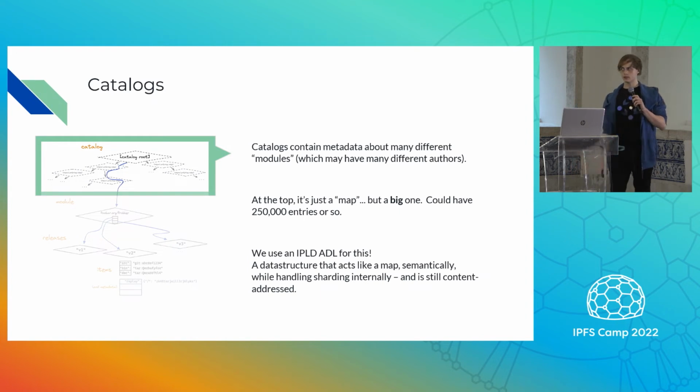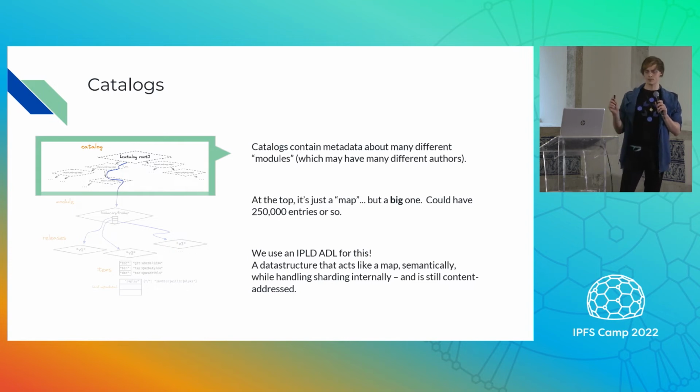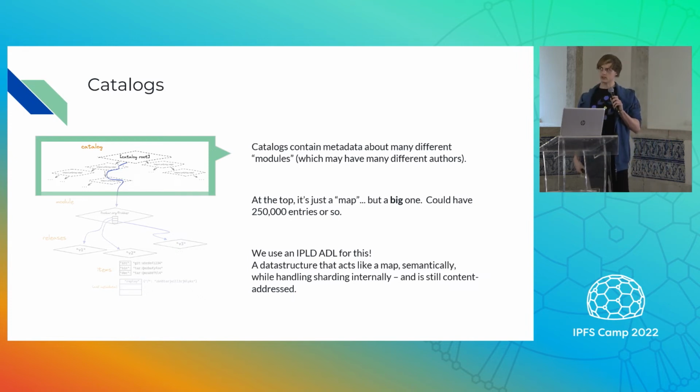If you look at other systems that are doing big pieces of architectural work, like a Linux distro like Debian, it might have 250,000 packages in it. So we need this map to be capable of containing a lot of data. So we can't just throw one giant JSON blob at this problem and call it a day. I mean, we could, but let's not.